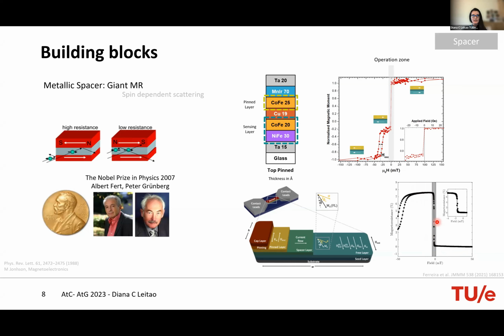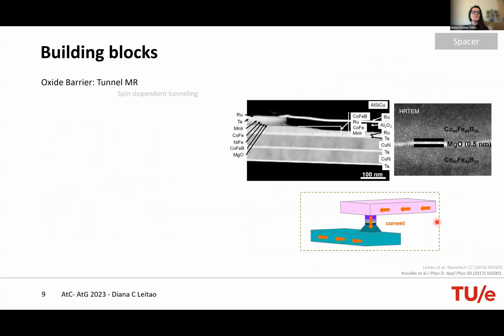So this is when we have a metallic spacer. We can then move to state-of-the-art tunnel magnetoresistive devices, where instead of having such a metallic spacer like copper, you now have an oxide. State-of-the-art nowadays is with MgO, very thin MgO barriers, and of course the ferromagnetic electrodes. You cannot see one without the other.